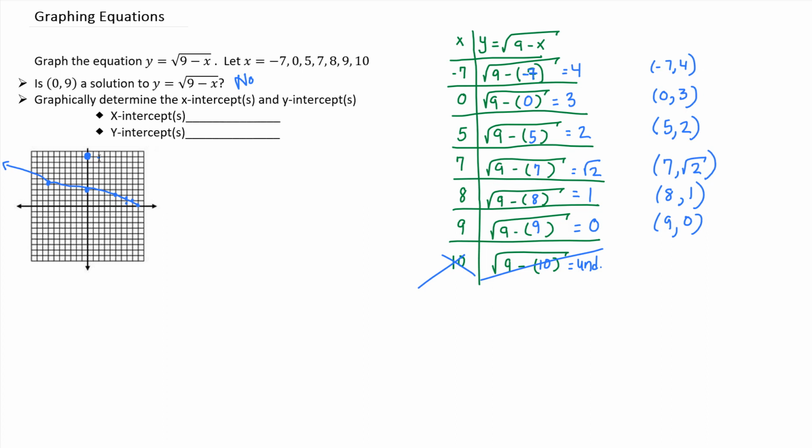You can see that it in fact isn't. But you could also determine that algebraically. You would take your equation, and wherever there's an x, replace it with your x value, and wherever there's a y, replace it with your y value that you're trying to test. So my y value is 9 and my x value is 0.